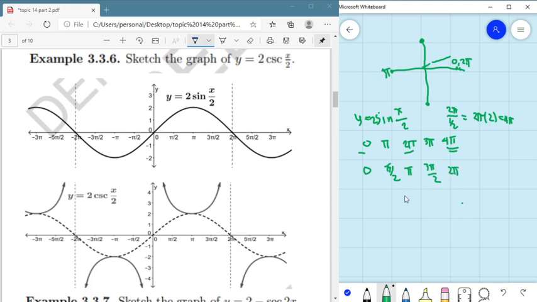So, the sine is 0 there, and the others become 1 or negative 1. So, therefore, for x equals 0, the value is 0.